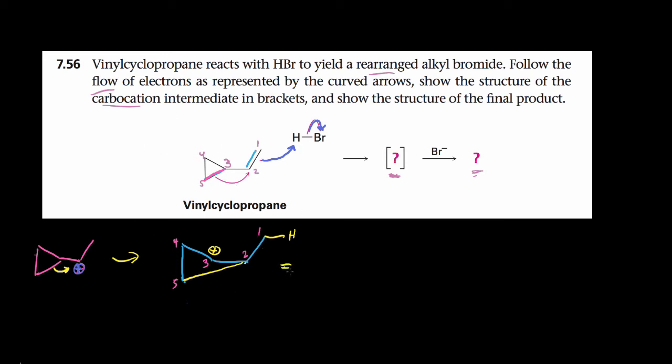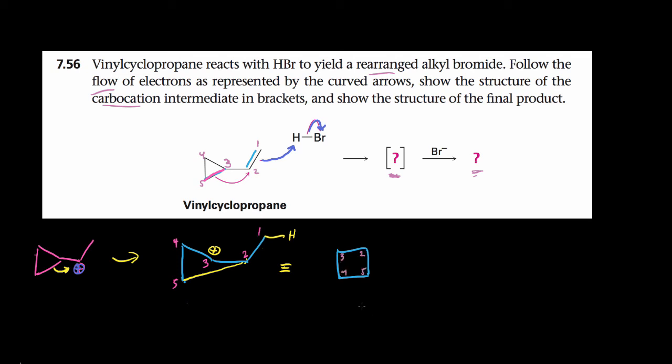Now we can redraw this. These are 4 carbons, 2, 3, 4, and 5, in a ring. So let's redraw that as a 4-membered ring, as a bona fide 4-membered ring. So I'll draw my 4-membered ring, and let's number the carbons again. It always helps to number the carbons. So 2, 3, 4, and 5.